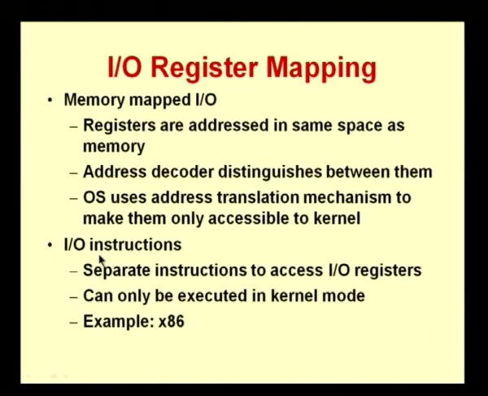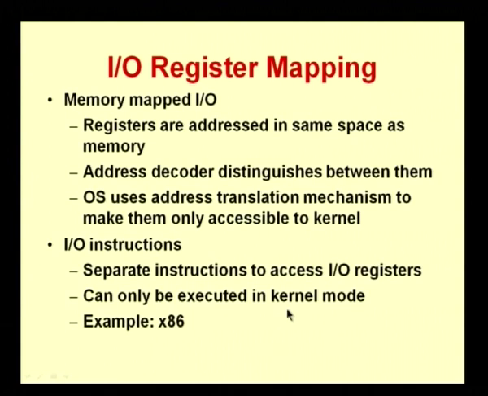So, with this kind of setup, you can have memory mapped IO, with the registers occupying the same address space as the memory itself. This is one option. The second option is an IO mapped situation, where we have specific IO instructions, that is, separate instructions available to access input output registers. Remember, when we talked about different types of instructions, we talked about IO instructions, the in instruction, the out instruction and so on.